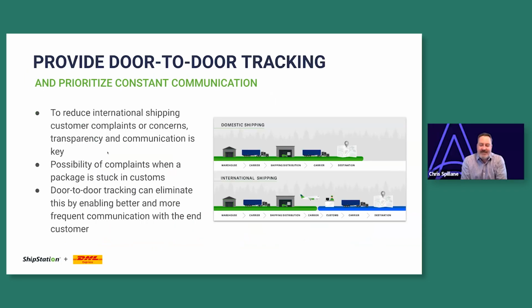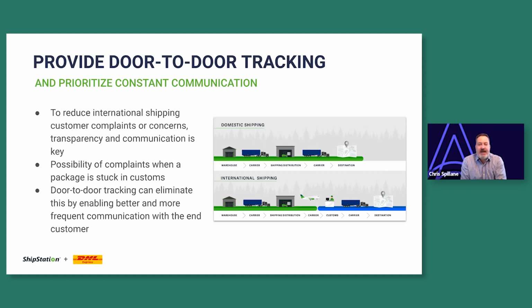So one of the things that's probably most important to customers is visibility on their shipment, right? And so with DHL, the customers can see door-to-door tracking, right? So it really reduces complaints and concerns. We call them WISMO calls when a customer reaches out to you and says, "Where is my package?" Communication is key. A lot of times the information associated with the package is more important to the customer than what's in the box.